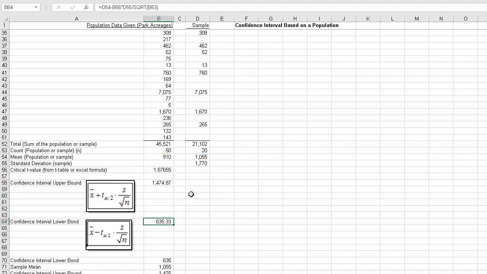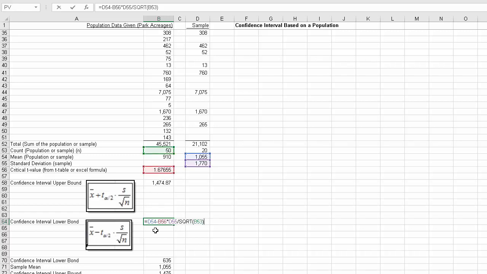All right, and then we have to do the same thing for the lower bound, only instead of adding the critical t value times the standard deviation of the sample divided by the square root of the population number, the count of the population, we're going to subtract it.